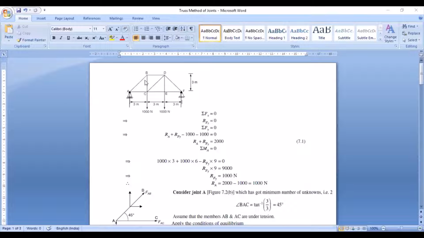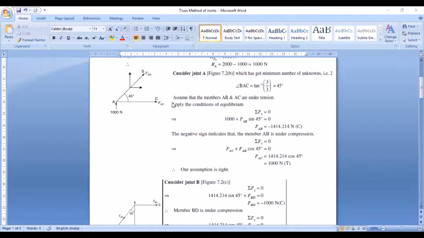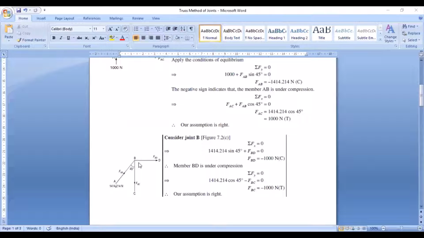So here there is an inclination of BA. So in joint B, what do I do? While taking joint B, I've taken three member forces. One is BA, next is BC and BD.